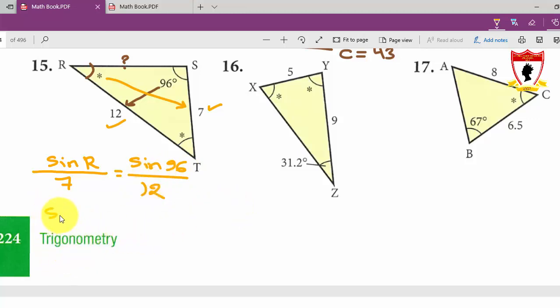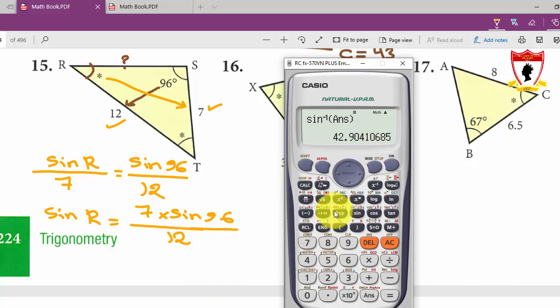And sine of R is equal to 7 times sine of 96 all over 12. This is equal to 0.580.